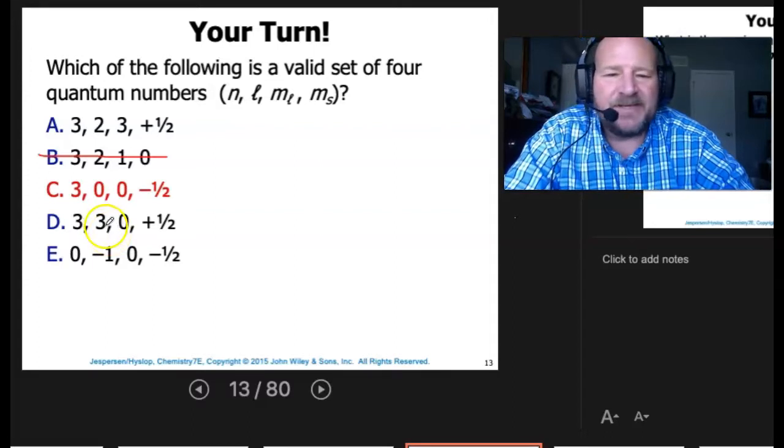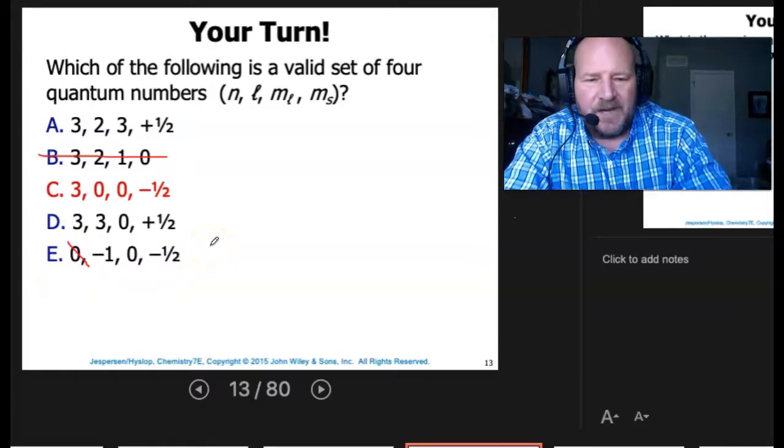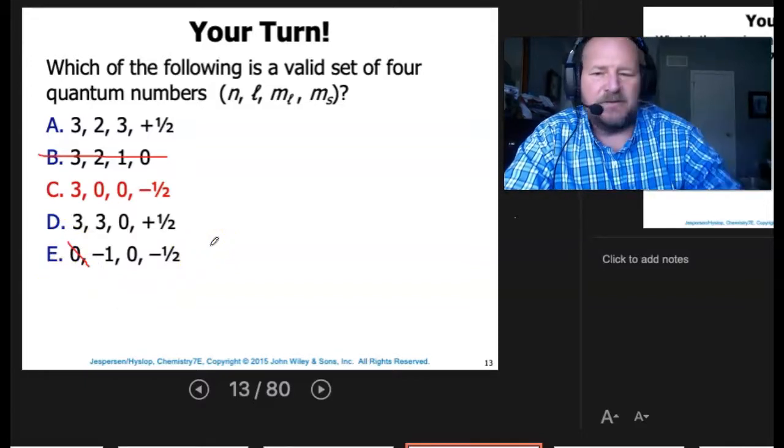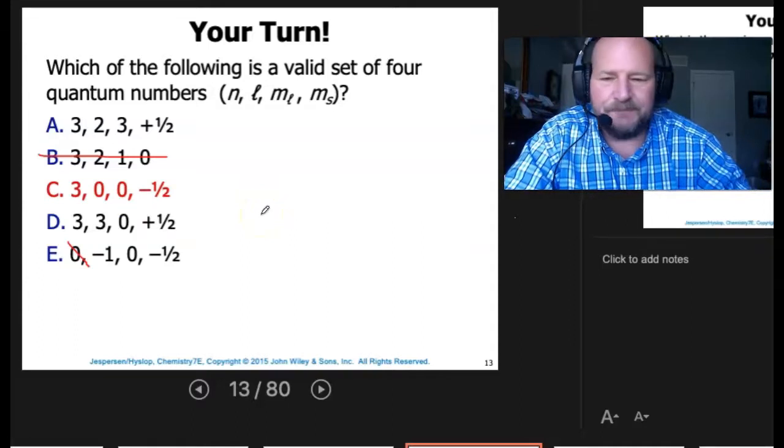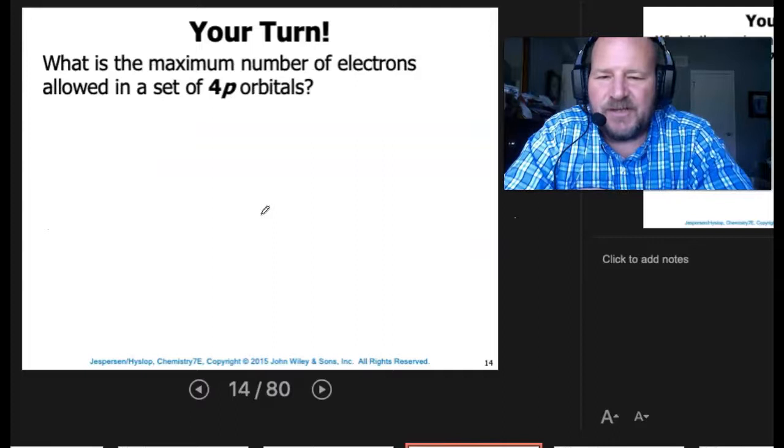So L cannot be the same number as N. And then for E, N cannot equal 0, right? It has to be a positive integer.